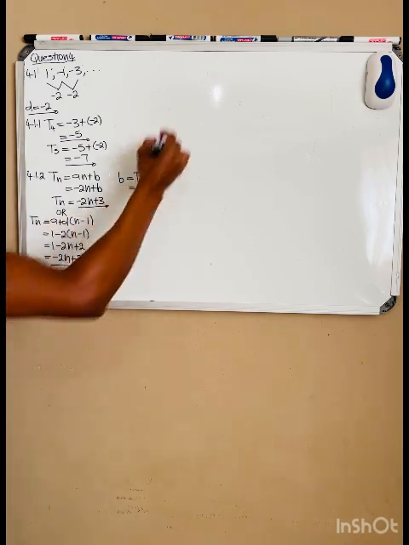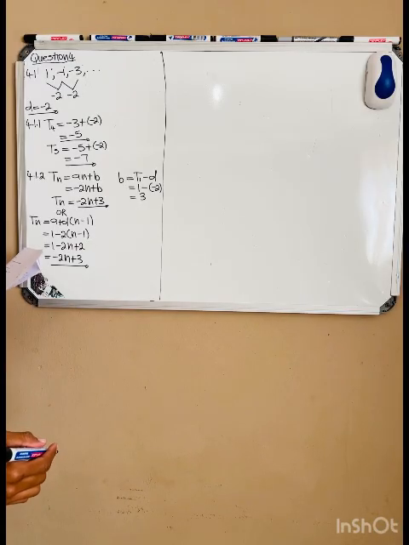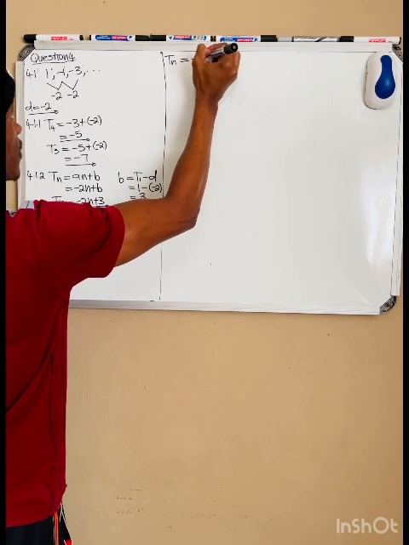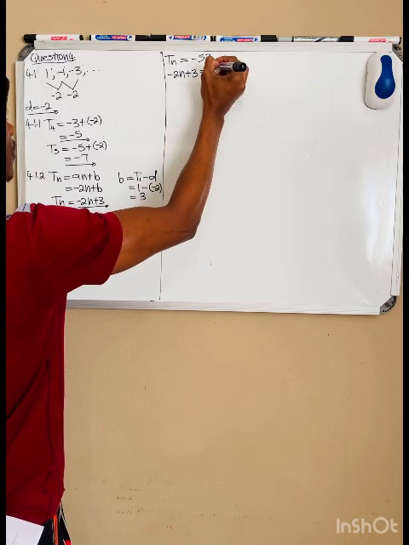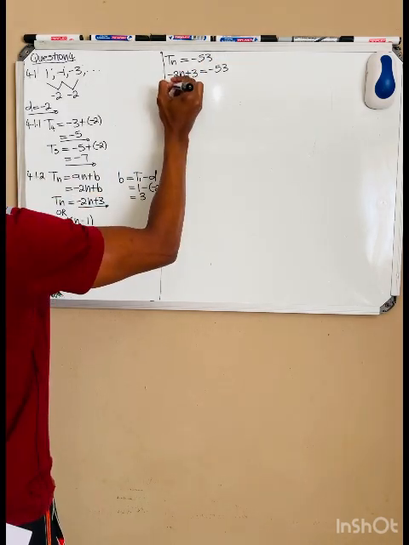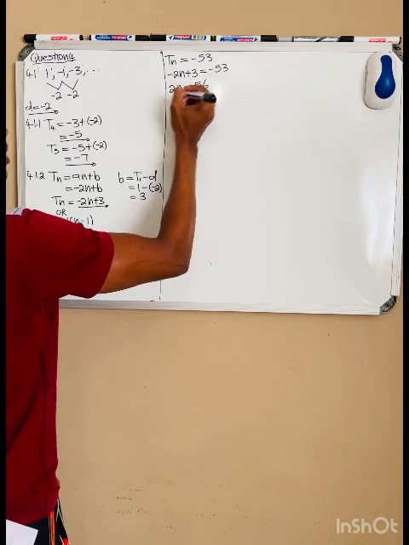Can you see? But the question said, which term in the sequence equals the value of minus 53? So our last term Tn equals minus 53. What is our formula? Minus 2n plus 3 equals negative 53. Then you take this to the other side. You'll have positive 2n equal to 3 plus 53, that's 56.